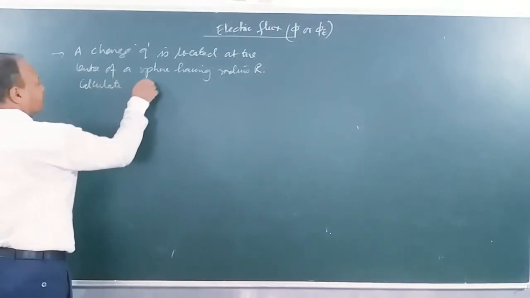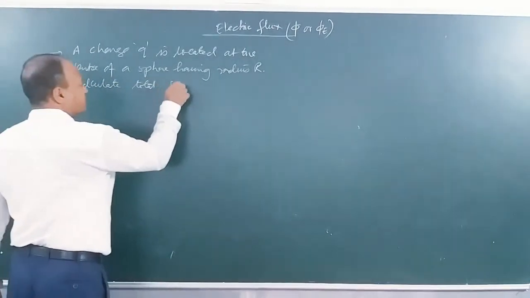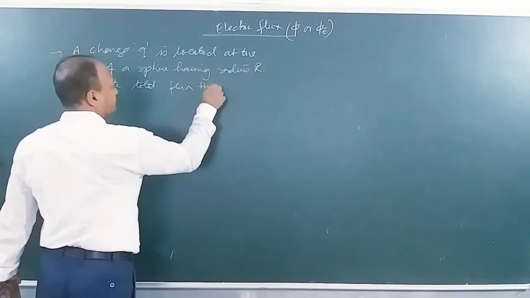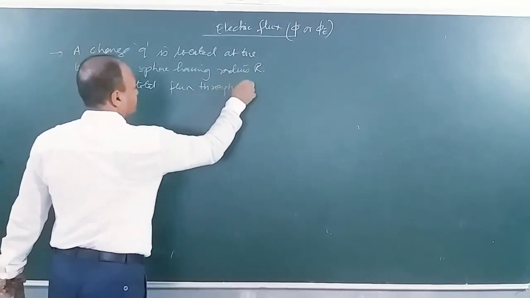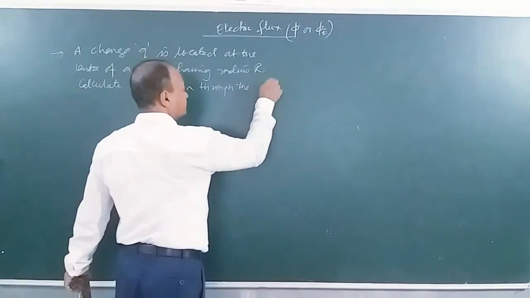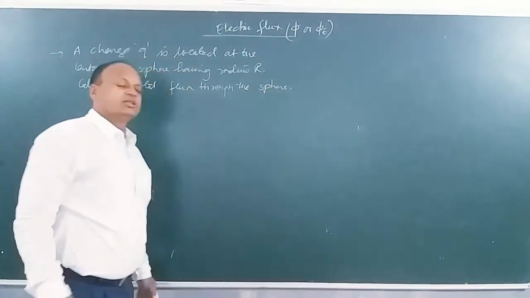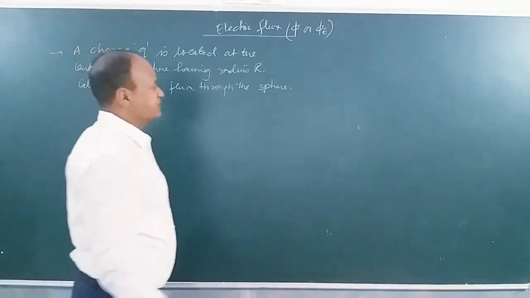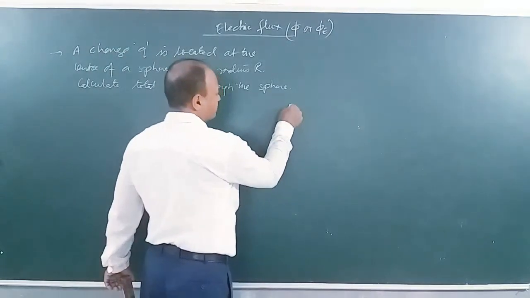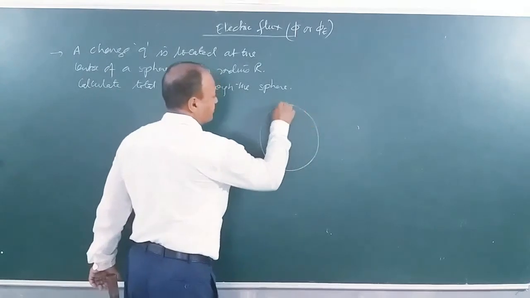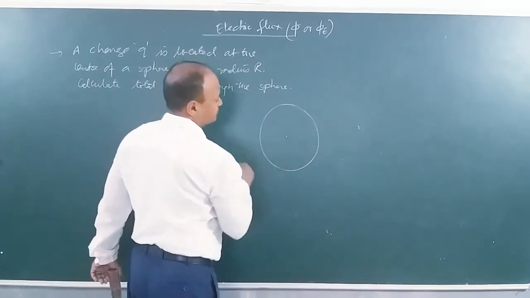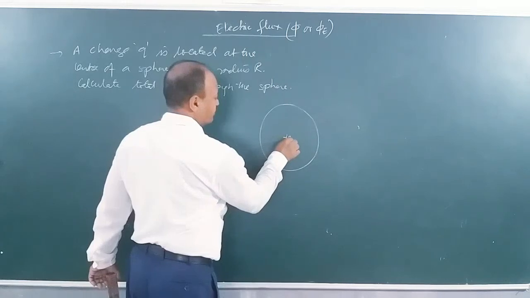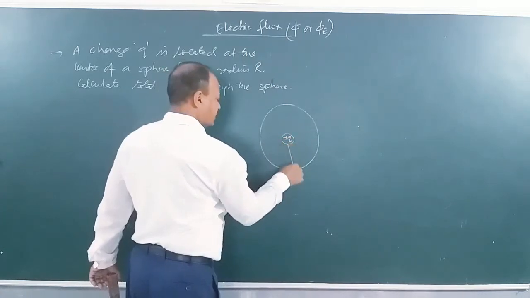Calculate the total flux through the sphere. Actually, there is no external charge. All the charges are located at the center of the sphere. Can you imagine a sphere like this? This is a sphere, and at the center we have a charge plus Q, and the radius is r.